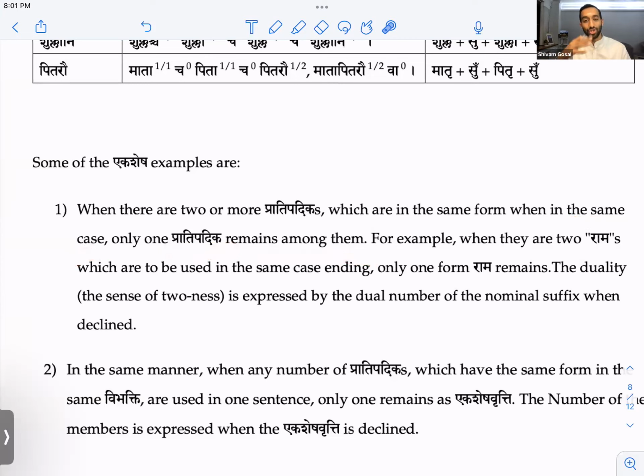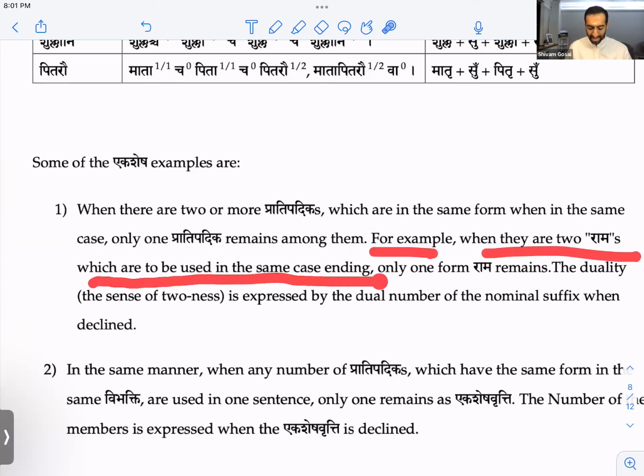So you can choose to just use one of them. For example, as we saw, when there are two Ramas which are to be used in the same case ending, they're the same form and the same case, so only one Rama form remains.